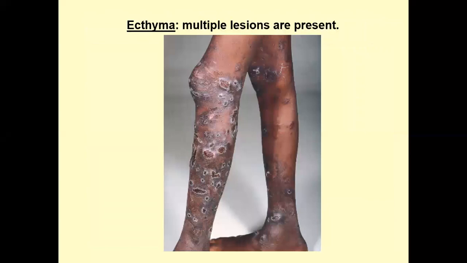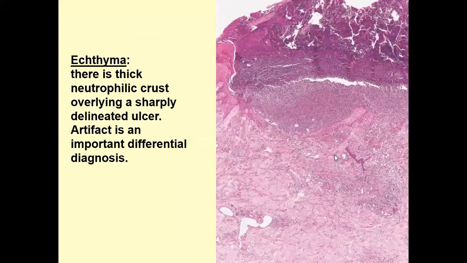So ecthyma is another bacterial infection, and just as you find a crust in bullous impetigo, the crust in ecthyma is thicker and deeper. So these are ecthymatous lesions seen on the legs, and the involvement is almost over the whole of the epidermis.